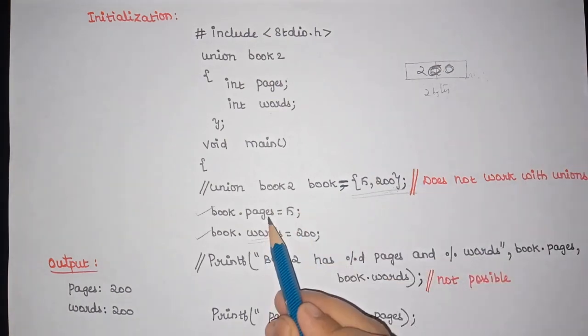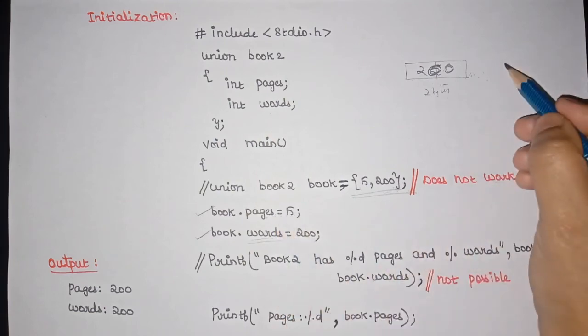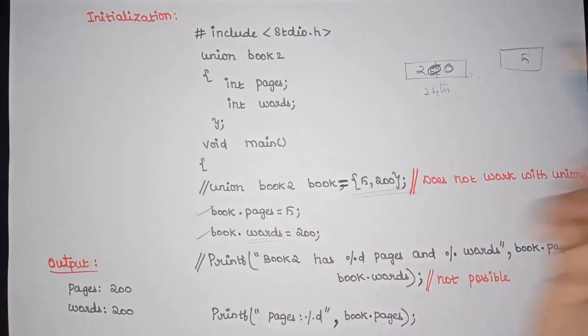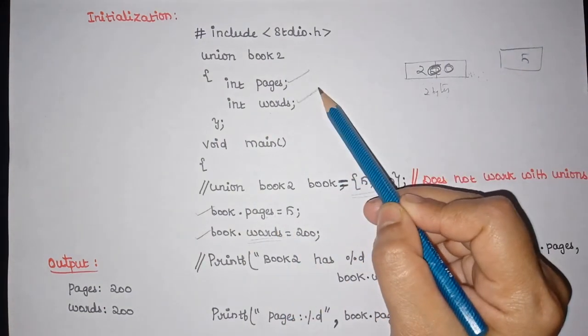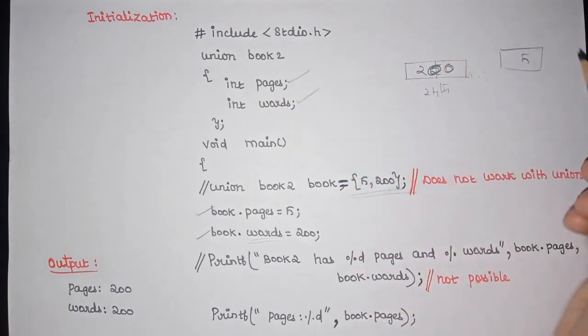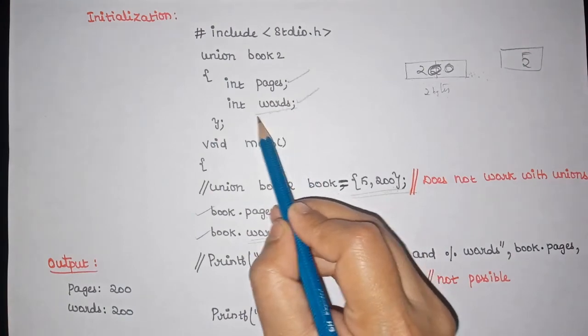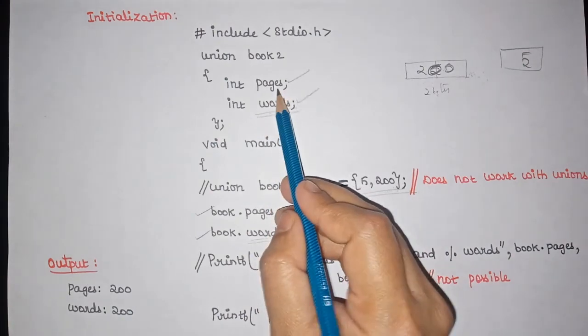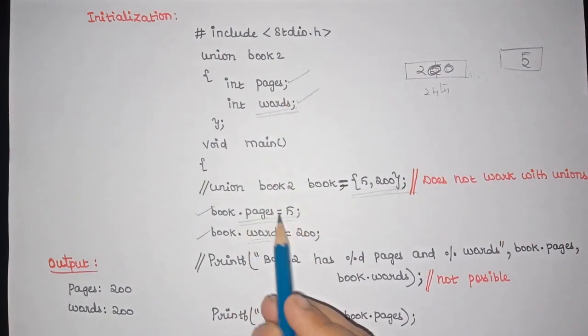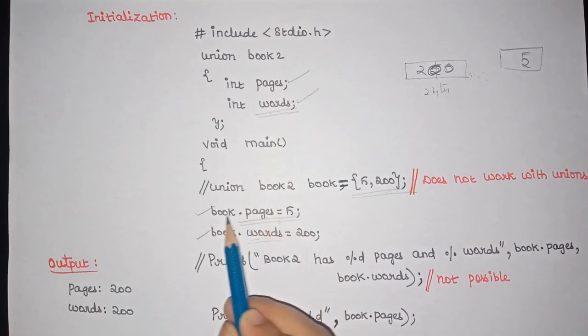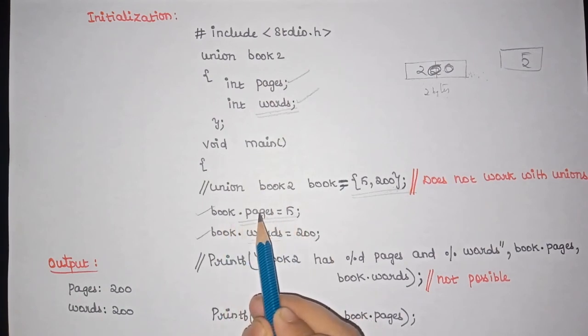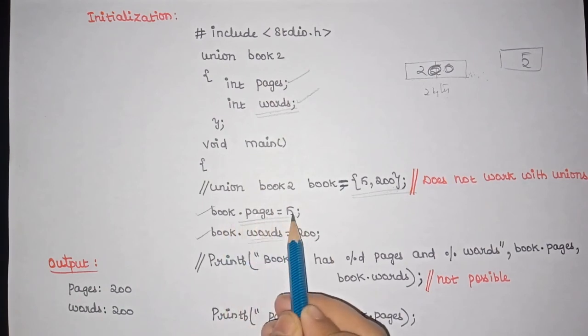If initially we assign the value 5 in this position, then both the variables, pages as well as words, contain the same value 5. Even though you didn't initialize words, you are initializing only pages here. In the statement we are initializing only the variable pages with the value 5.